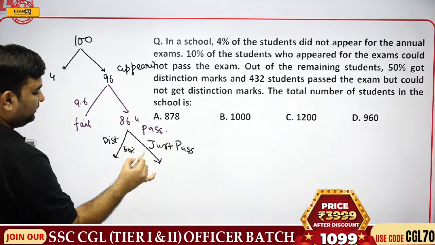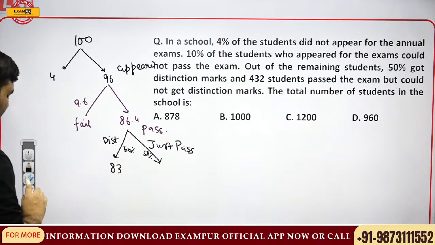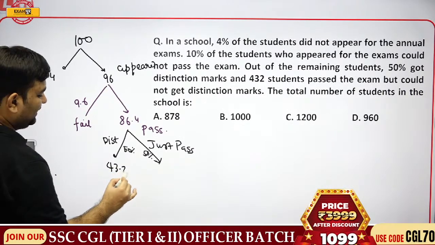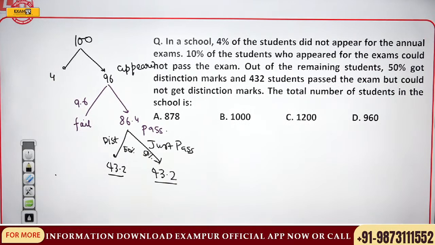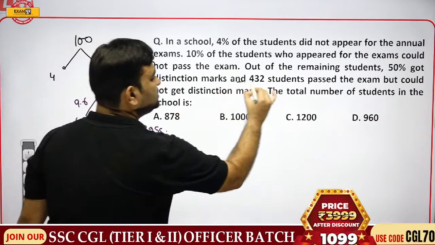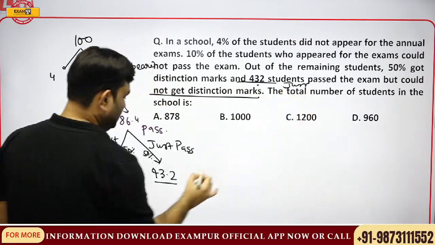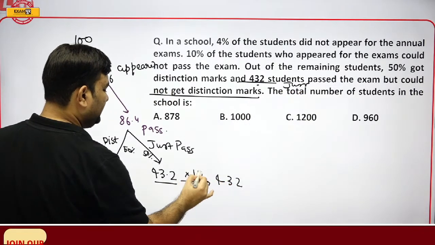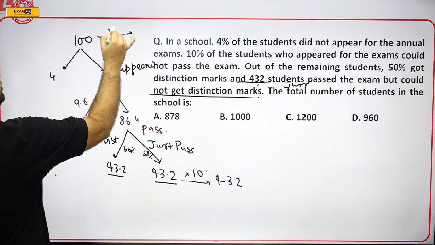Half of 86.4 is 43.2. 43.2 will get distinction and 43.2 will get just pass. The 43.2 is given as 432, so it is a multiplication of 10. Total number of students in the school is 100 times 10, which is 1000.